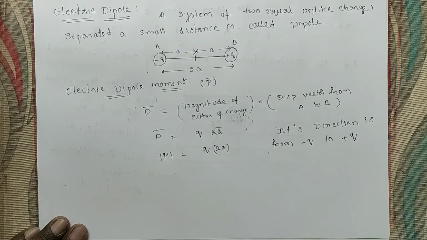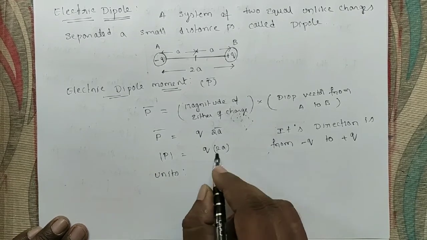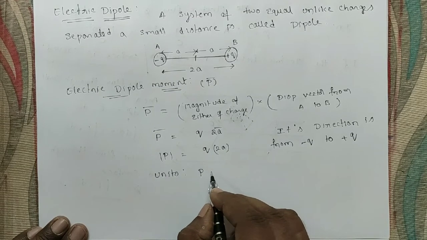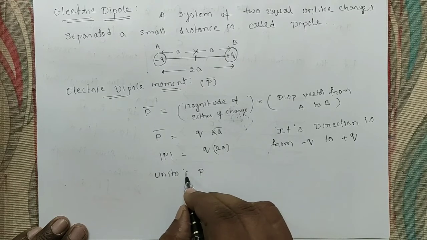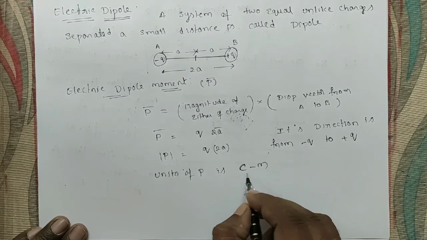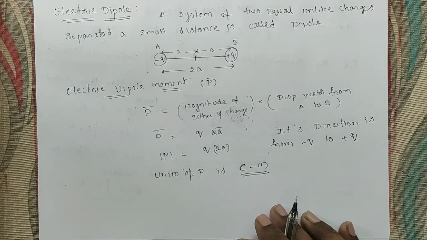Its units: charge is coulomb and distance is meter, so the unit of P is coulomb meter.